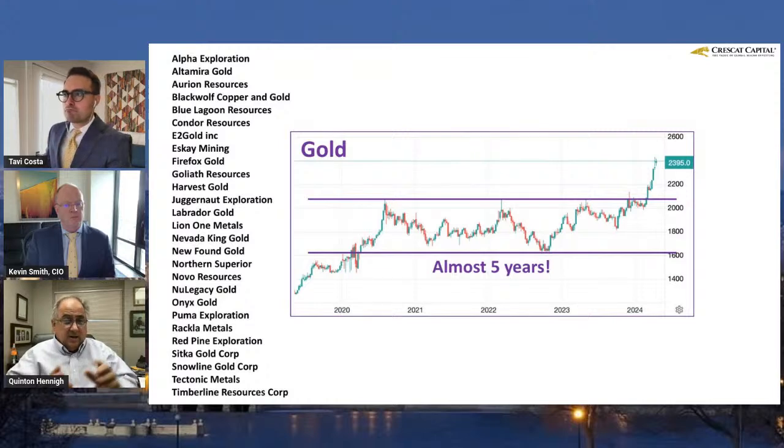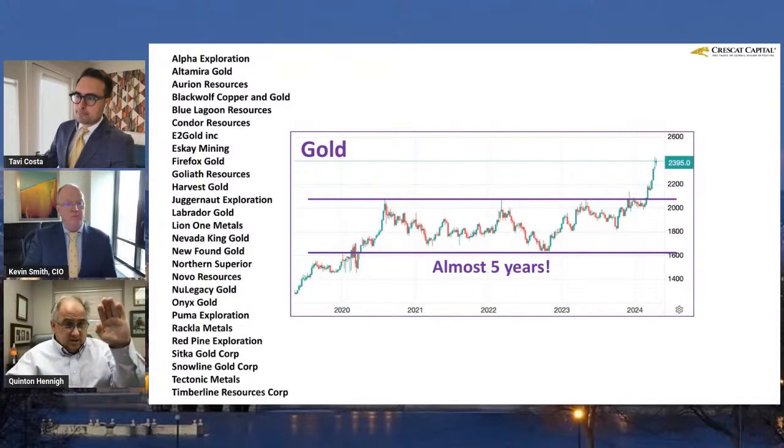They've had to either stop operations or pull back and conserve cash, or both. Some of them have continued to finance and do their work. Some of them have been strong stories like Snowline, for example, where the share price has appreciated. They've been able to get the capital they need, and continue to create value.